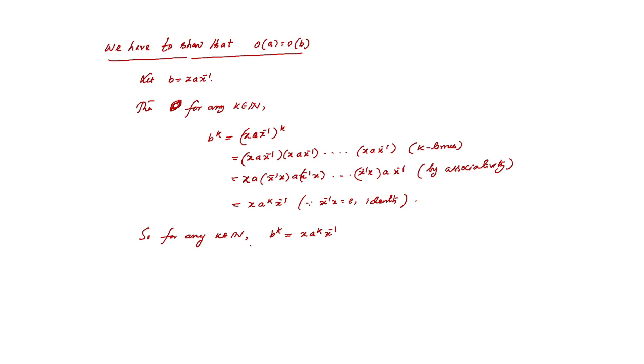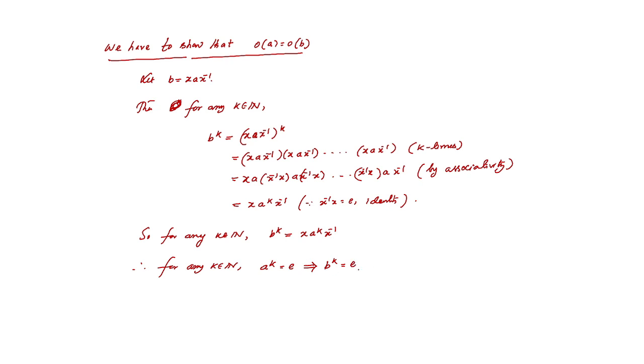So from that, what can we write? Therefore, for any K belonging to natural numbers, we can say A to the power K equals identity implies B to the power K will be identity.